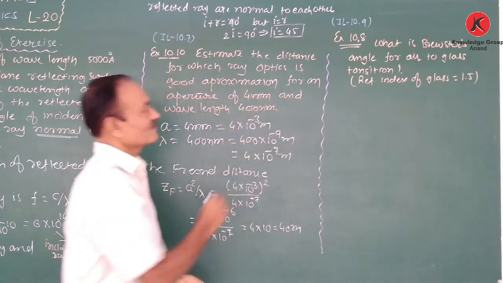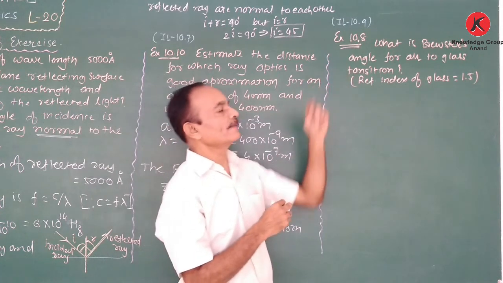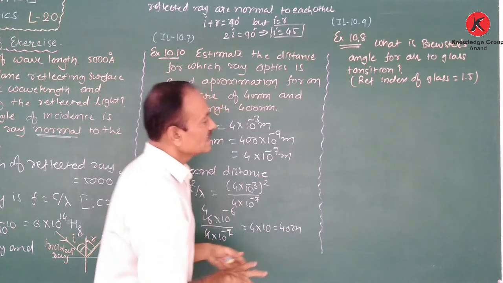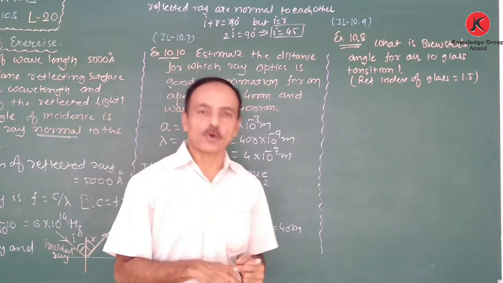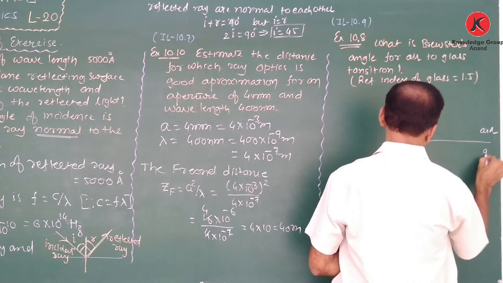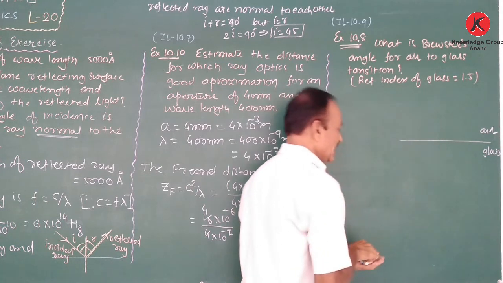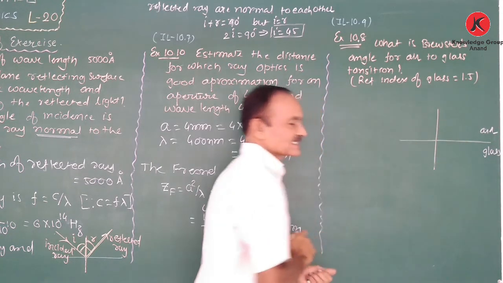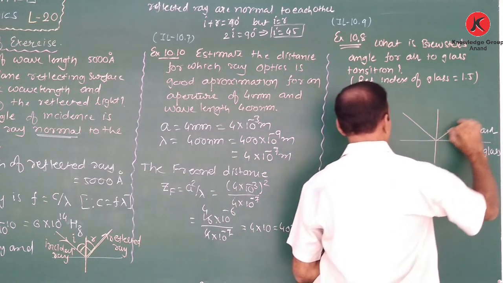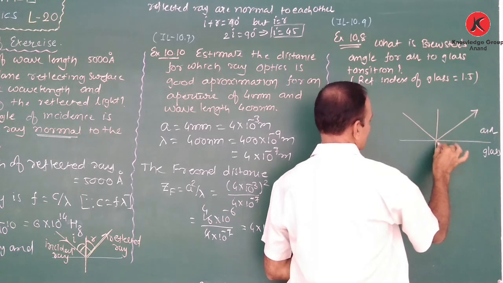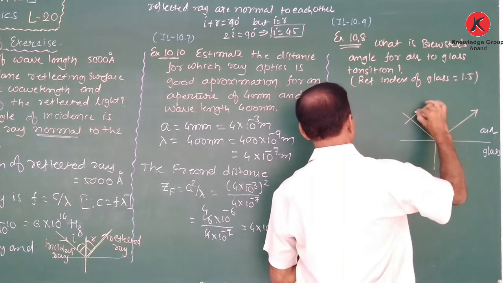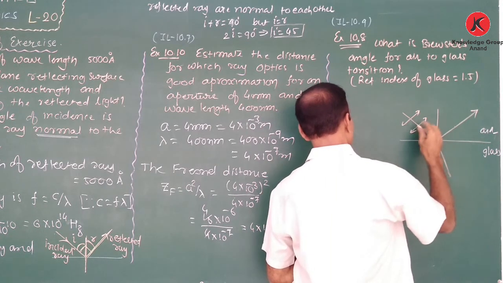Okay, what is the given question? What is the Brewster's angle for an air to glass transition? That means unpolarized light is incident on the interface separating the air medium and glass.